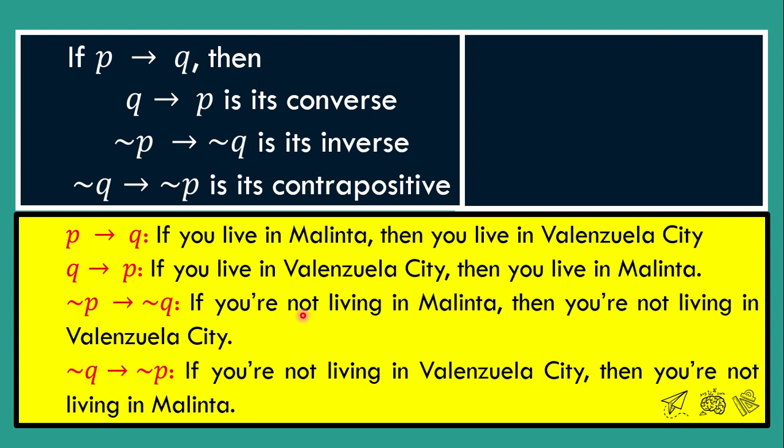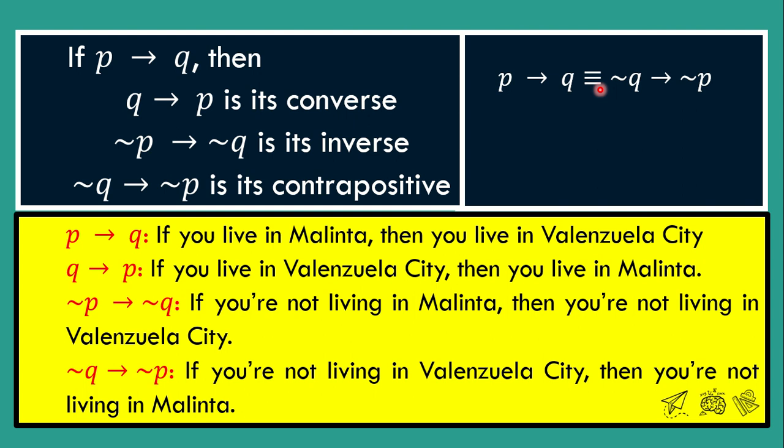Now, when it comes to its different forms, take note that there are logical equivalents to its statements, such as the conditional proposition has the same truth value as the contrapositive. The three lines here mean logically equivalent. Meaning, if your conditional proposition is true, then your contrapositive also is true.